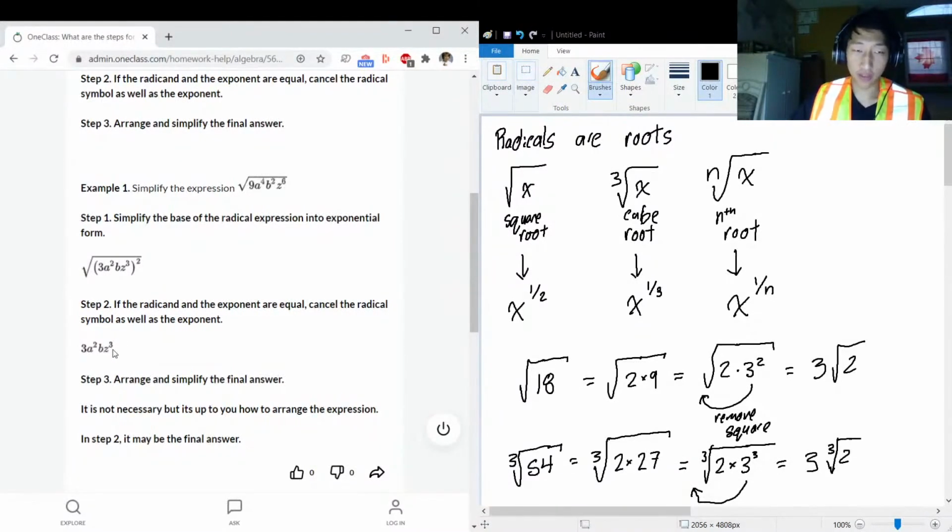They don't really need to write that, so they can just leave it as 3 times the square root of a to the power of 4, so that's a squared. B loses that power of 2, and z to the power of 6 becomes z to the power of 3, because the square root of z to the power of 6 is z to the power of 3.